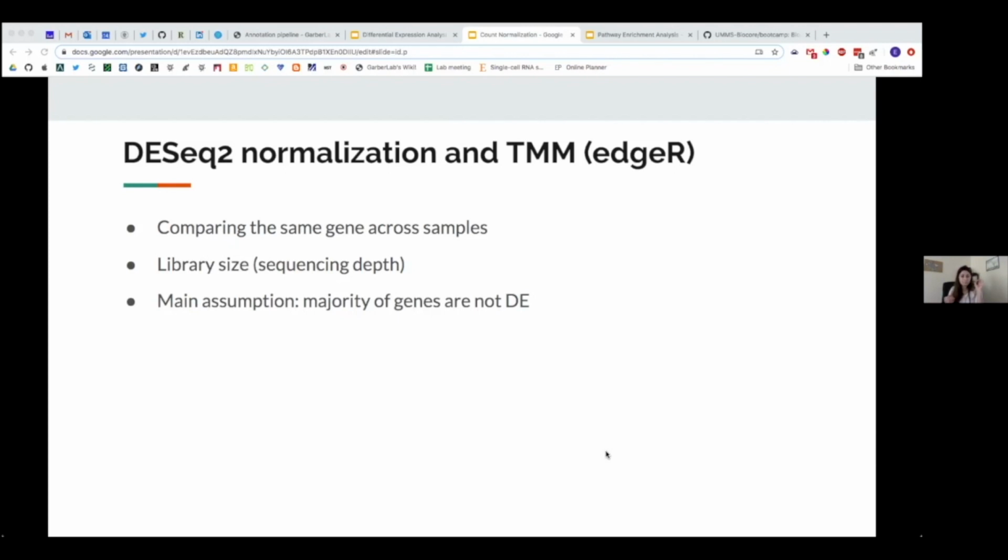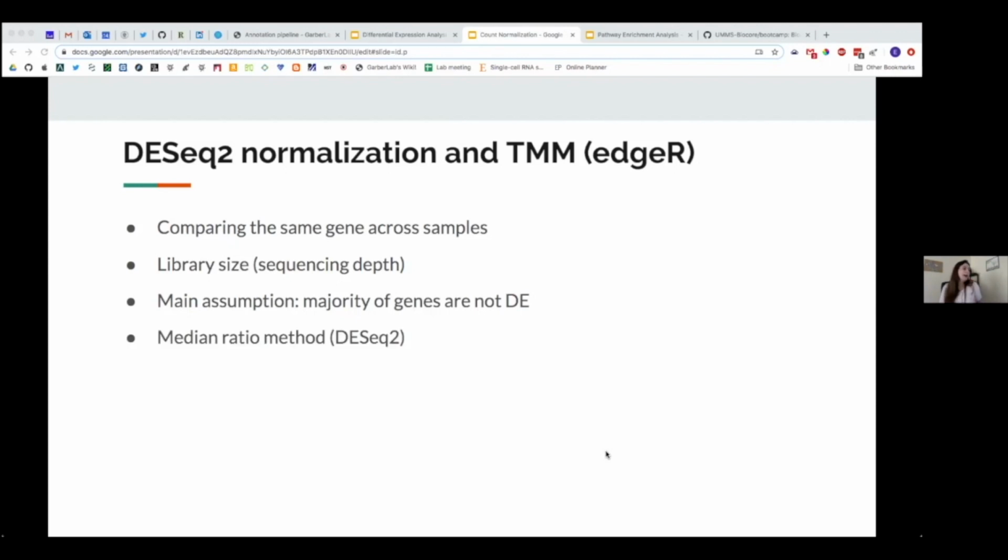But most of them, more than 50% of your genes, will not change across your conditions. That's the big assumption they make because they rely on the depth of sequencing to be able to normalize each gene. And if everything is changing in your sample, then there's not really a good way to keep track of that.